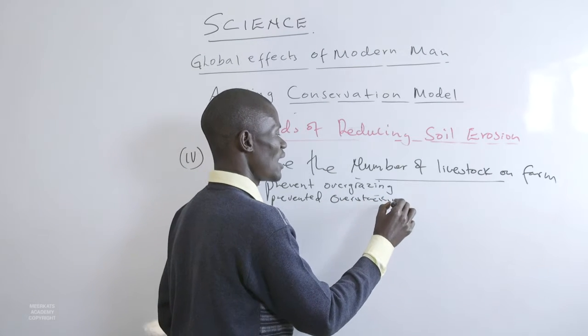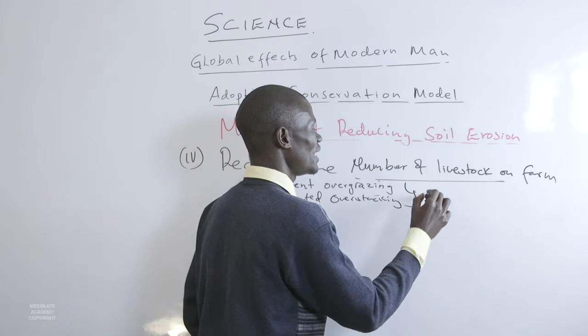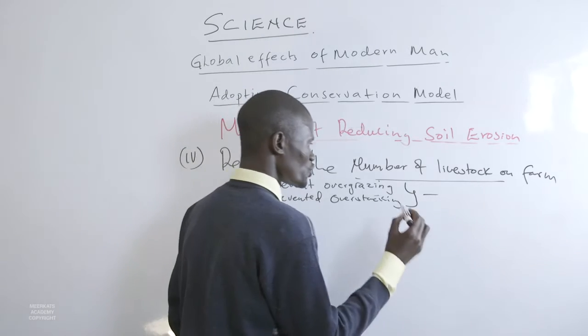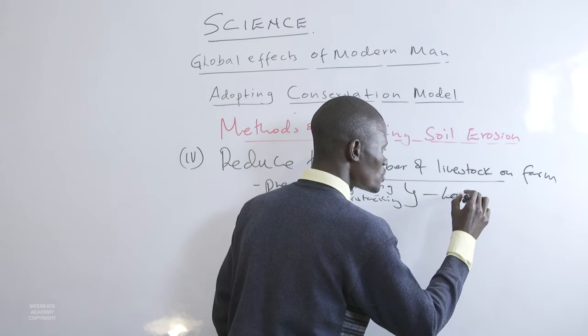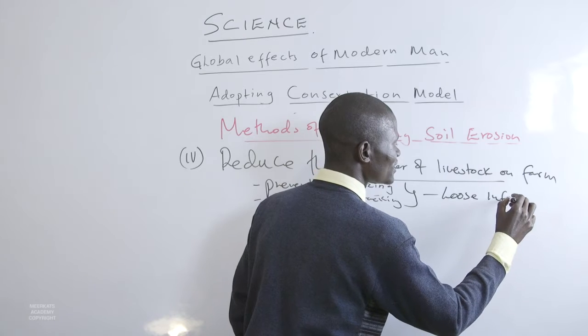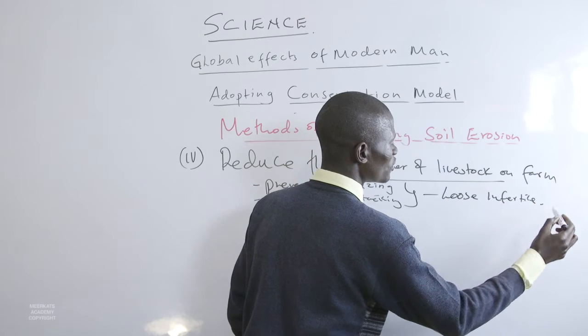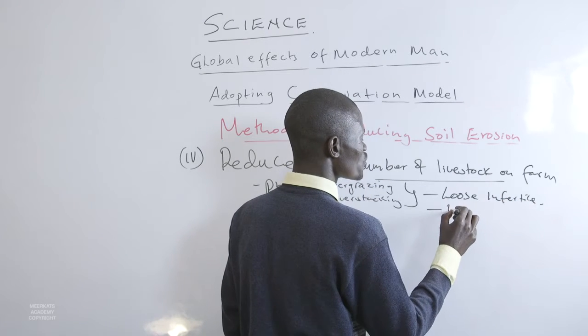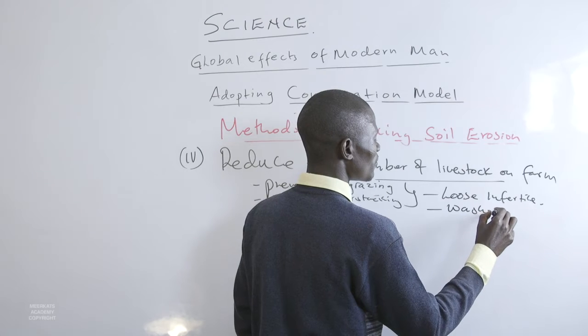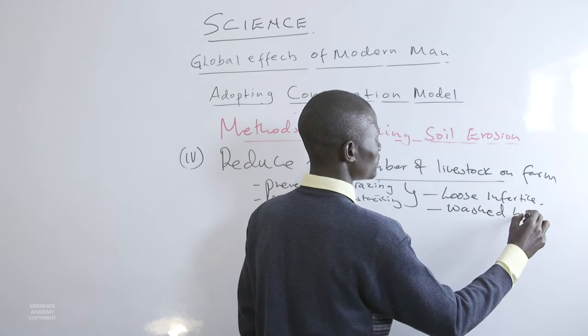All these have been possible enough to make the soil very loose and infertile, because it can easily be washed away by the rainwater.